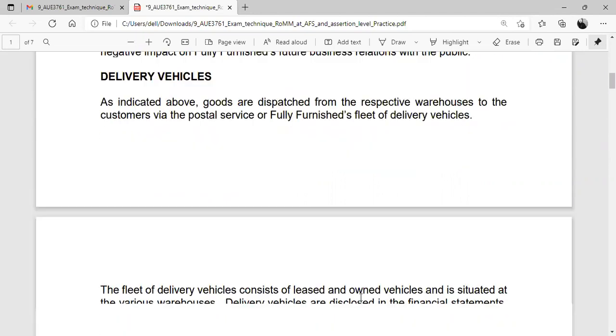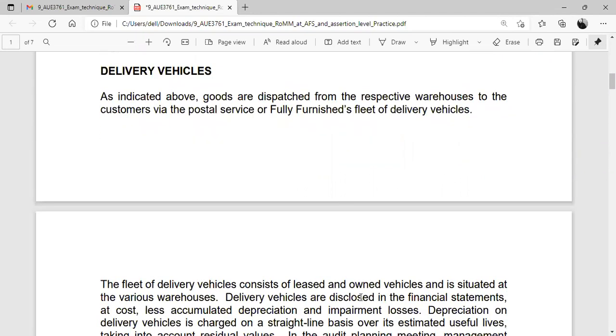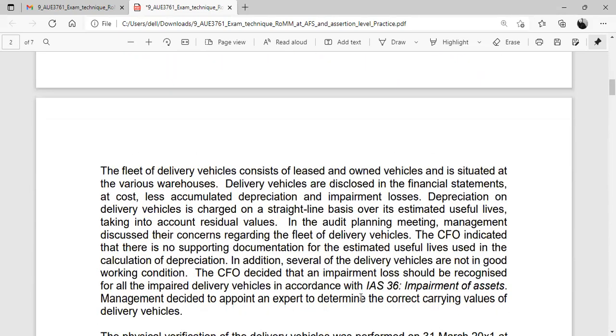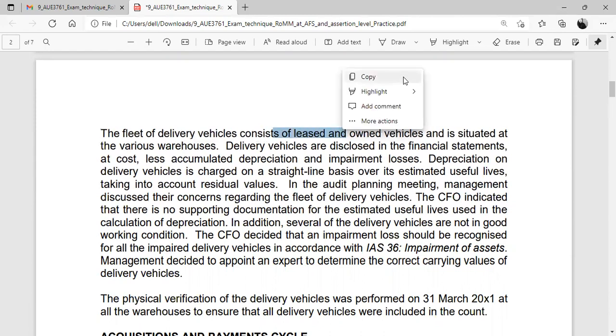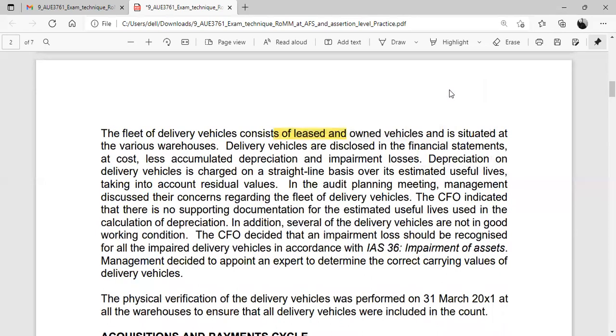Delivery vehicles. As indicated above, goods are dispatched from the respective warehouses to the customers via the postal service or a fully furnished fleet of delivery vehicles. The fleet of delivery vehicles consists of leased and owned vehicles. So this fleet consists of a combination of vehicles that the company actually owns and vehicles that the company has leased.